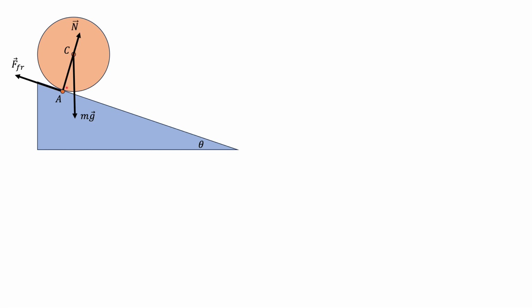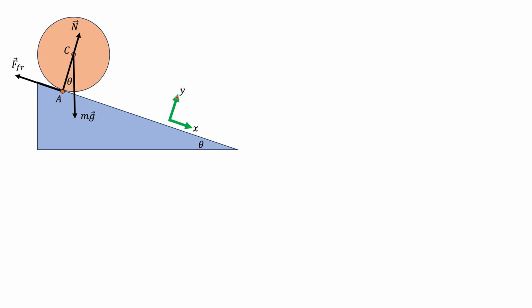And we have a normal force that's also applied at point A, and it goes at 90 degrees to the slope. Also notice that the angle between the N vector and the mg vector is theta, the same theta as the slope of the incline.